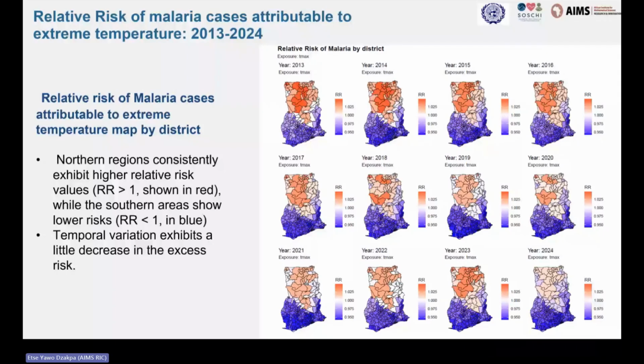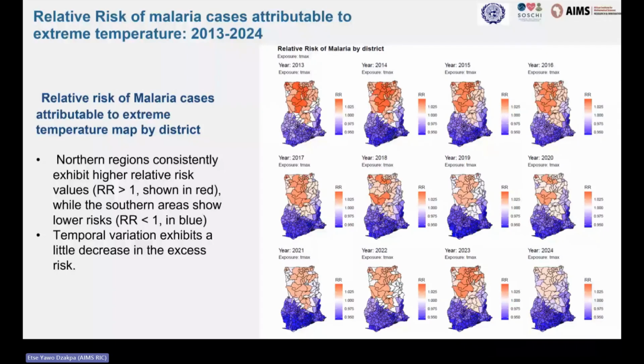Here we can see the red color, which marks the areas with high risk, and where there is no red color, those are areas with a protective effect. For example, northern Ghana is an area very sensitive to the climate-malaria relationship.